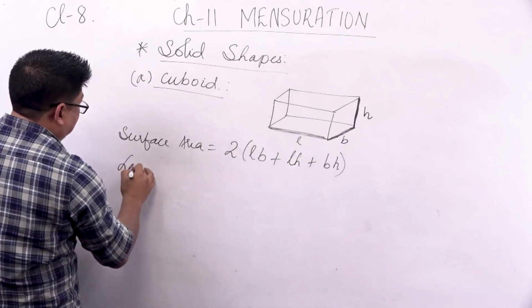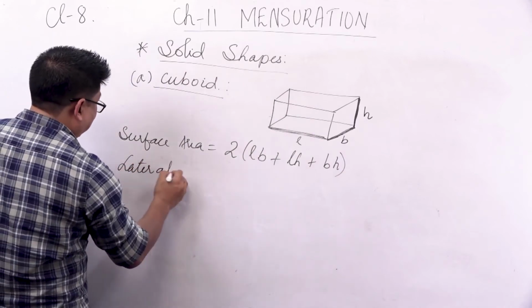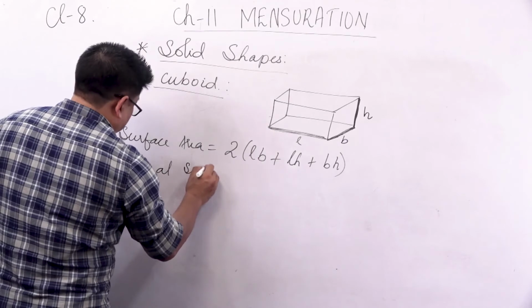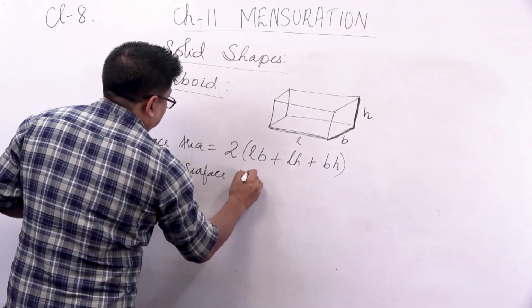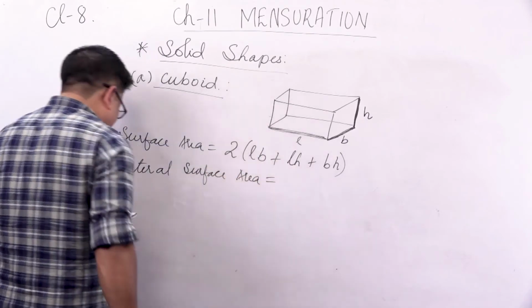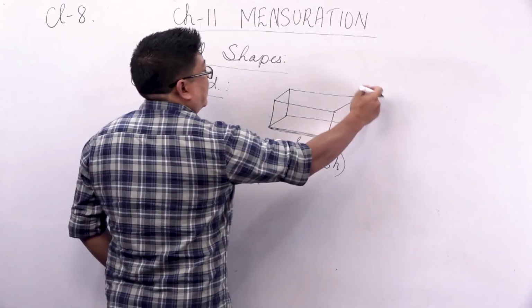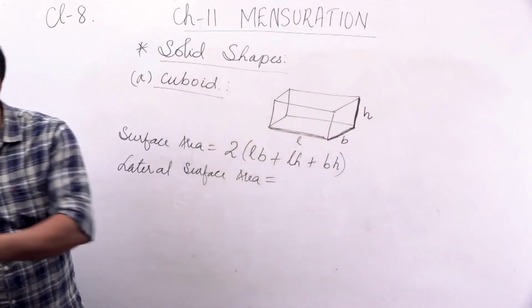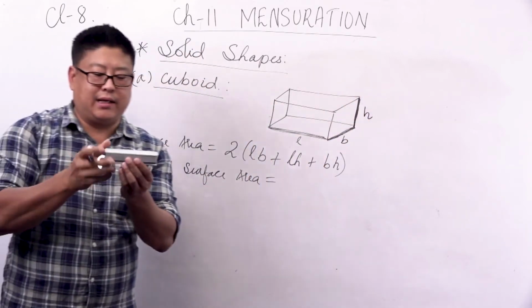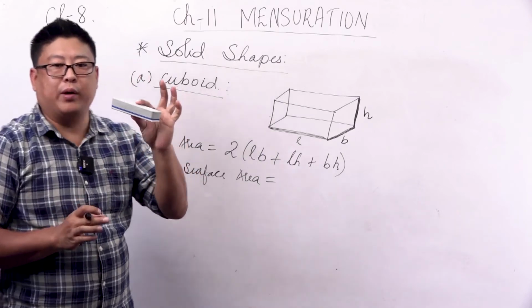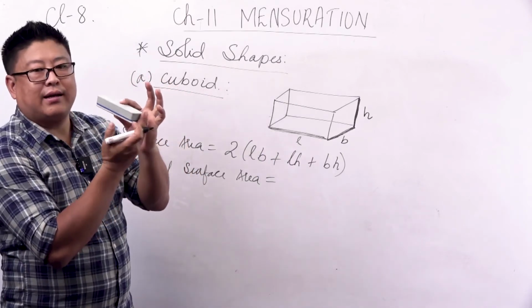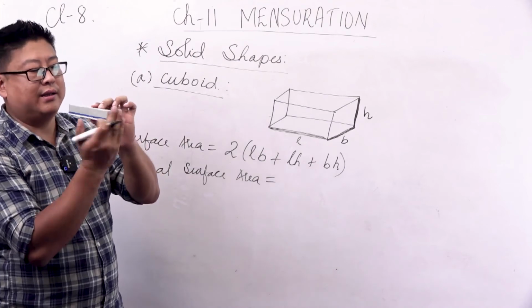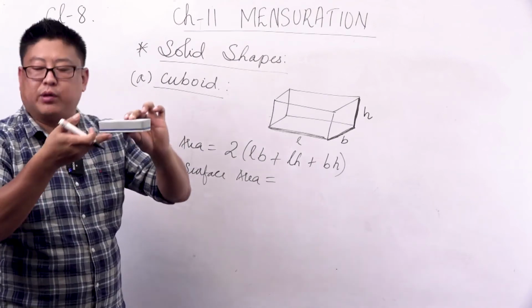And then there's another formula which is lateral surface area. Lateral surface area means only the sides, okay? Only the sides. For example, let's say this is the cuboid. I add only this side, this. Leave out the top and the bottom, okay?